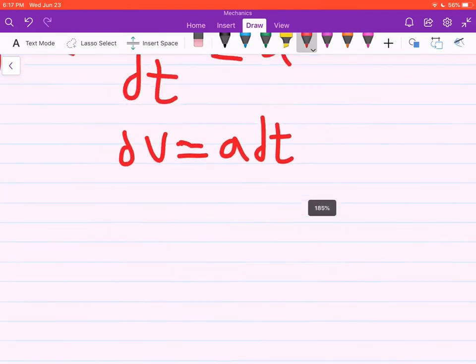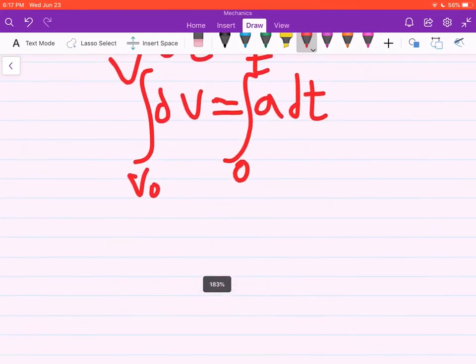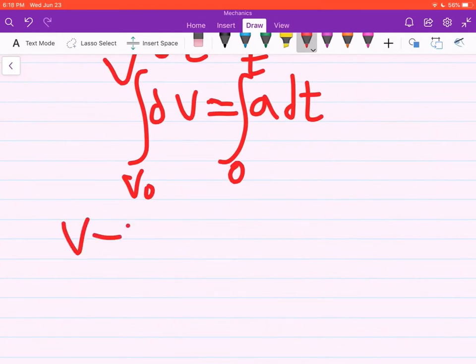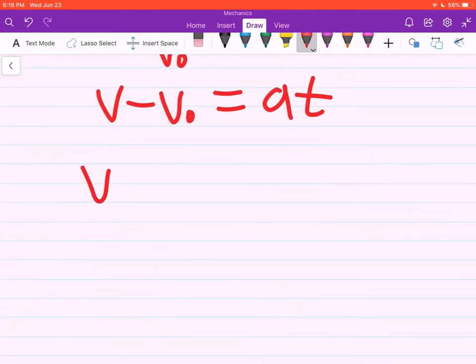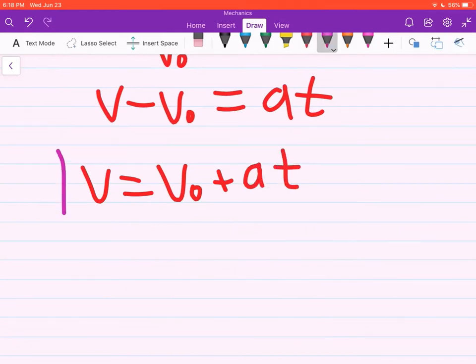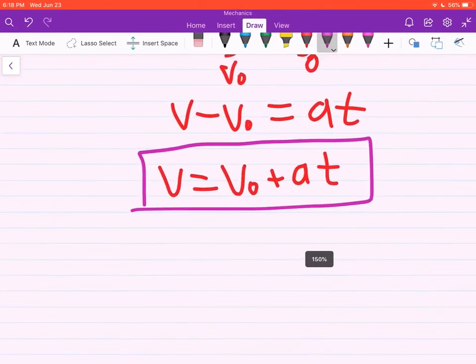So we can integrate both sides from v0 to v and from 0 to t, and we get that v minus v0 is equal to at, or simply v is equal to v0 plus at, where v0, remember, is the initial velocity and v is the final velocity.